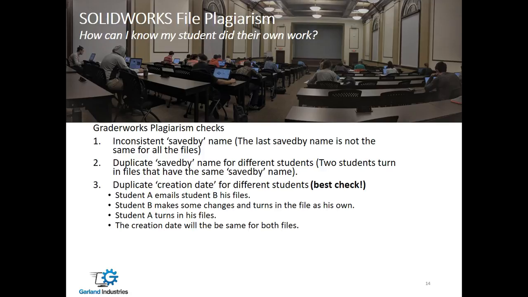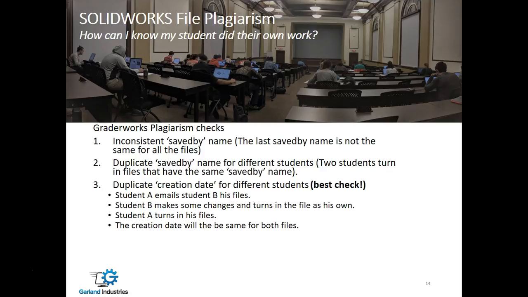This third check is generally the best, and it's the duplicate creation date for different students. So let's say John turns in some files, and last saved by name is John. Bob turns in some files, and last saved by name is Bob. However, the files were made at exactly the same time. SOLIDWORKS records the creation date down to the second.